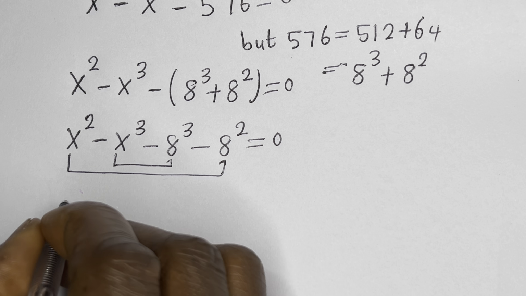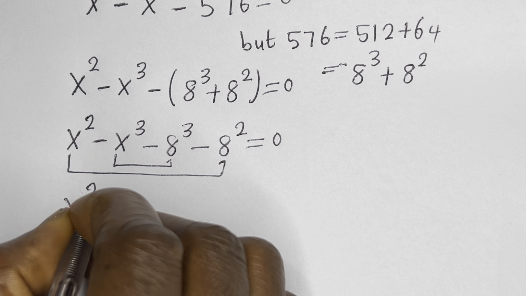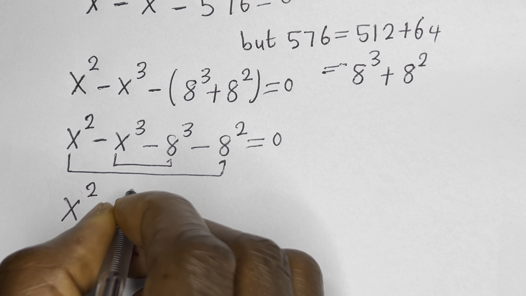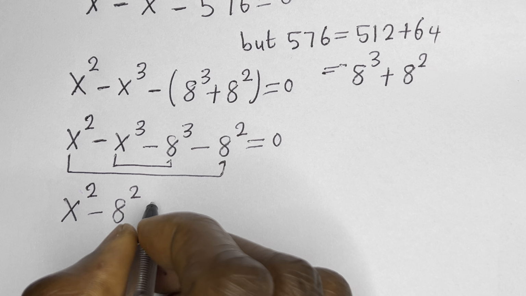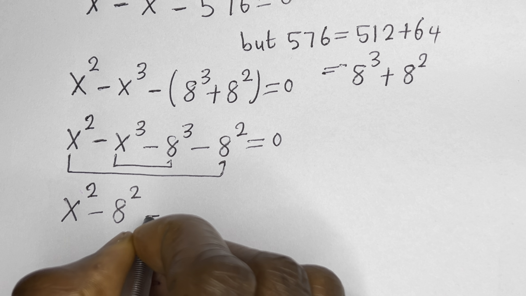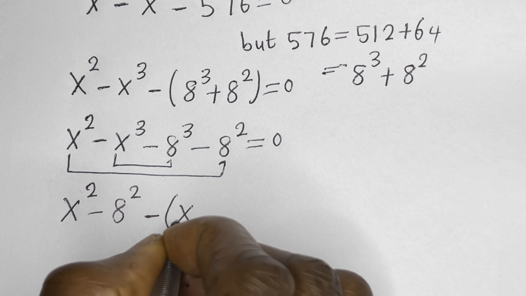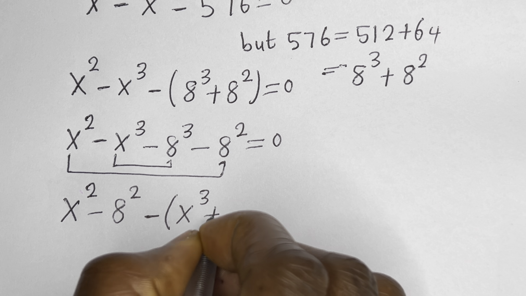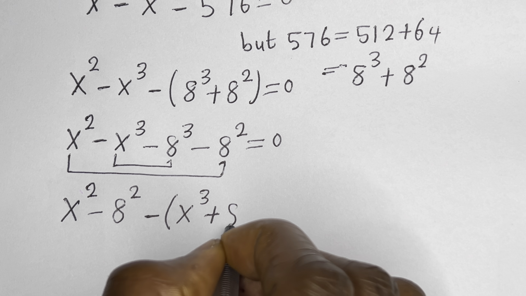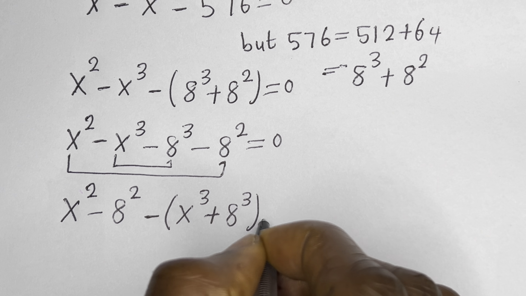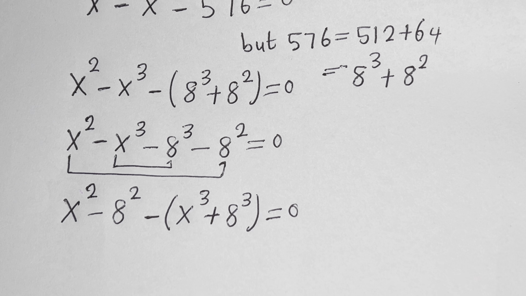Here we have s square minus 8 square. Here is minus s raised to power 3 plus 8 raised to power 3 is equal to 0.